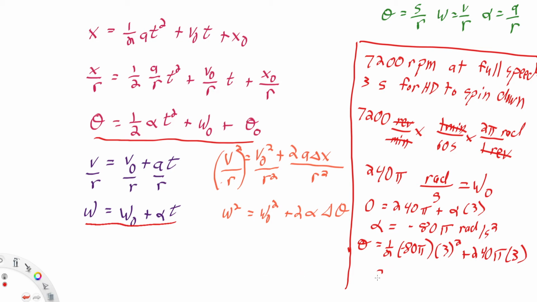Plugging that into the calculator, I get about 360 pi radians. And if we wanted to convert that back to revolutions, that's 180 revolutions. So in the 3 seconds it takes you to turn your computer off, the platter on your mechanical hard drive spins 180 times around. Any questions or comments on this so far?